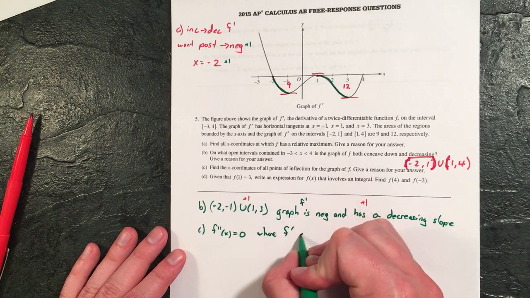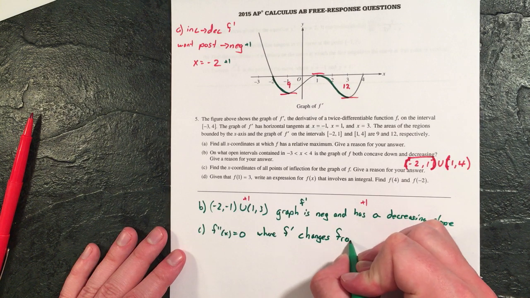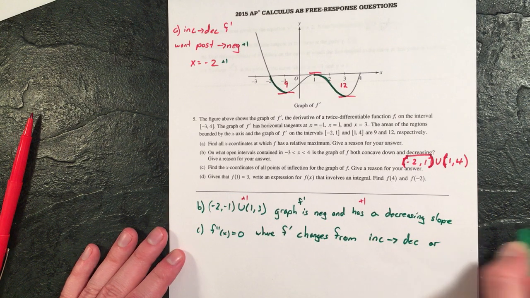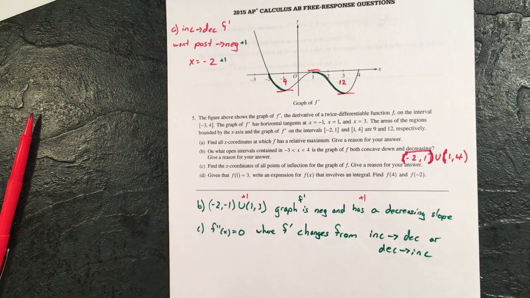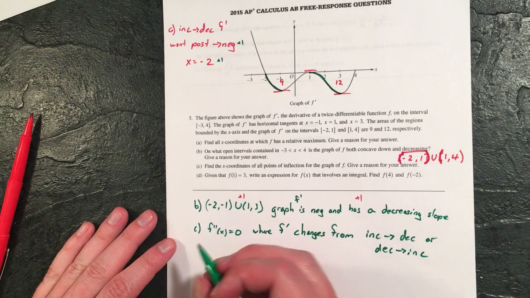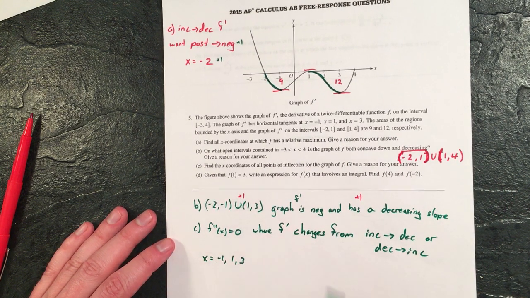So our f prime from increasing to decreasing, or decreasing to increasing. And those are obviously, just look at them, they actually gave it to us already, saying that those are the horizontal tangent lines. So our answer here would be x equals -1, 1, and 3.